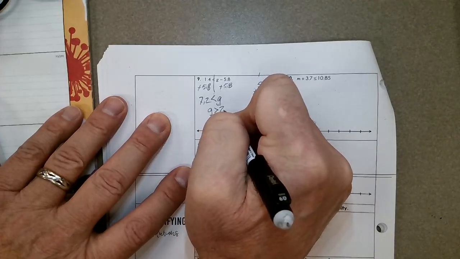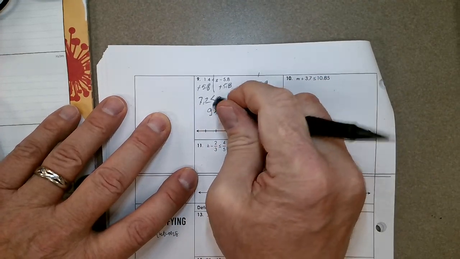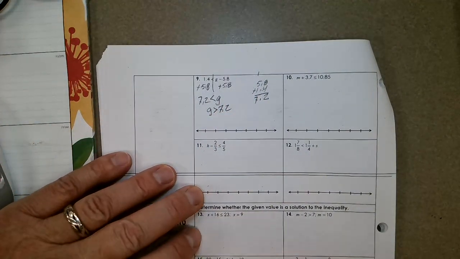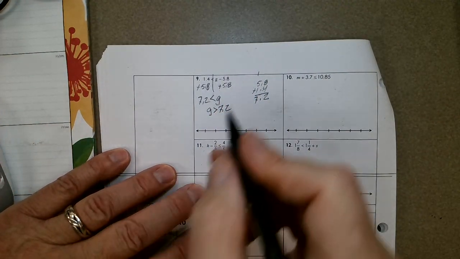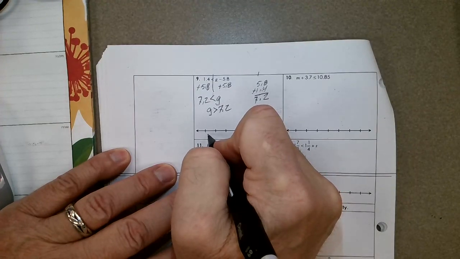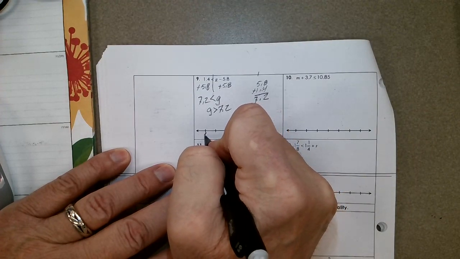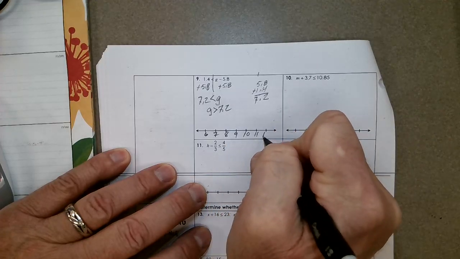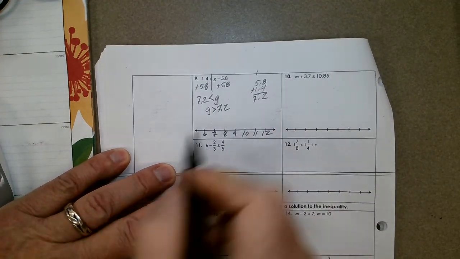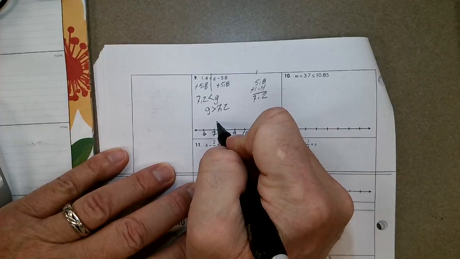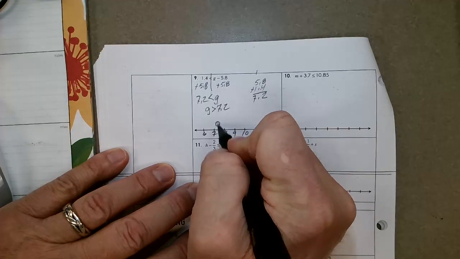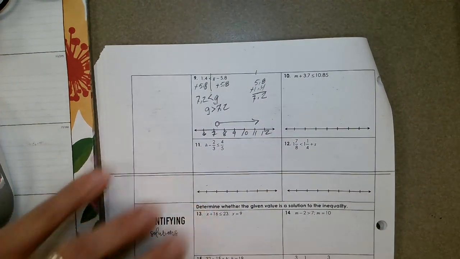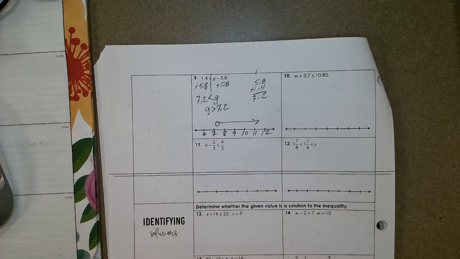G is greater than 7.2. And here we go. So let's start with 6, 7, 8, 9, 10, 11, and 12. 7.2 is about right there. I'm going to leave it empty and I'm going to go to the right.